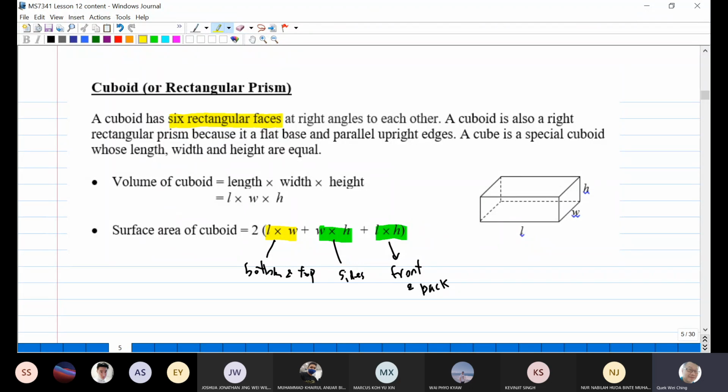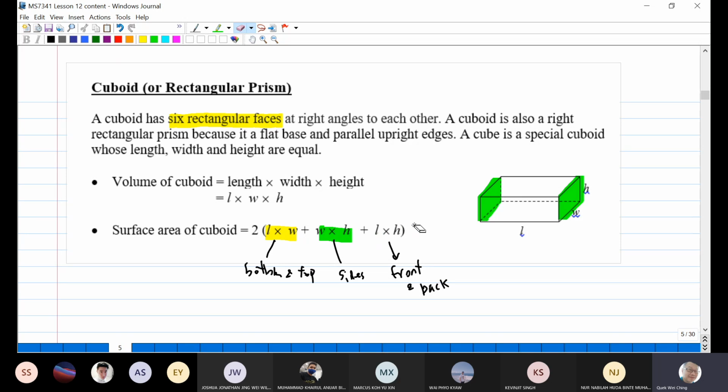So you have a top and bottom surface highlighted in yellow, and then there are side surfaces, highlighted in green. The side surface is actually this one, W times H here. These two in green color.